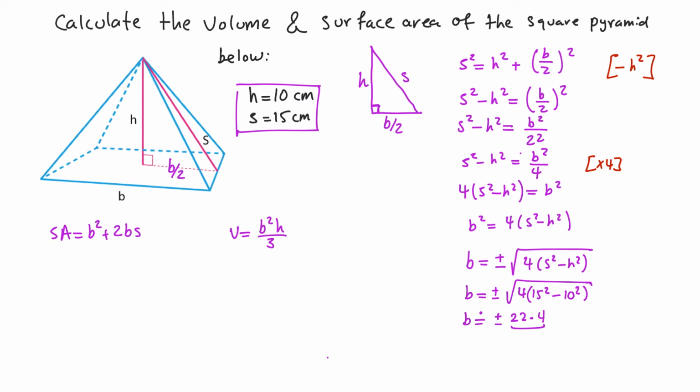And I know that since length cannot be a negative value, b has to be larger than 0. That means that b is approximately 22.4, just a positive value. Now I should make sure that when I'm plugging this value into these equations, I'm using the exact value, that I'm not just taking 22.4, which is an estimate, but putting in as many significant figures as I can within my equations here.